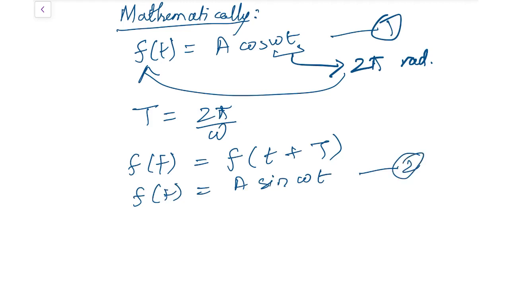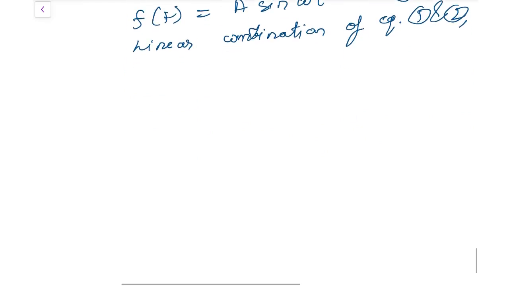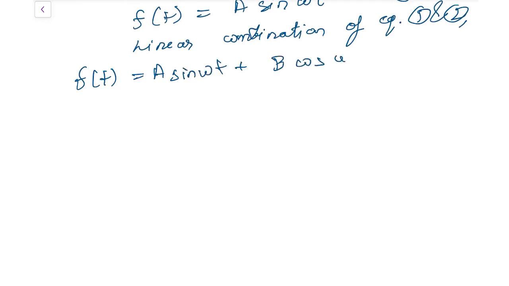Now, if we take a linear combination of 1 and 2, what would we get? f(t) equals a sin omega t plus b cos omega t.